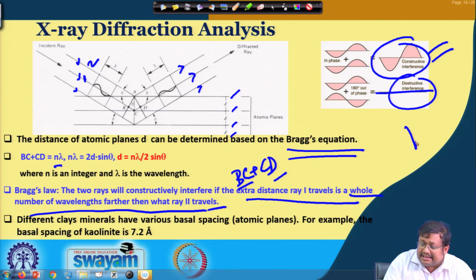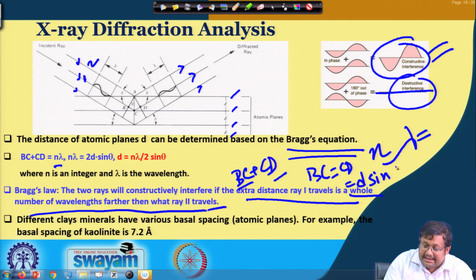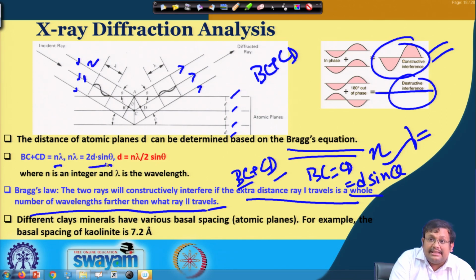If we consider the wavelength of the X-ray is lambda, and it is a whole number, we can write it as n lambda, where n is an integer. So, the extra distance, BC plus CD, we can calculate: BC equals CD equals d sin theta. So, BC plus CD will be 2d sin theta.